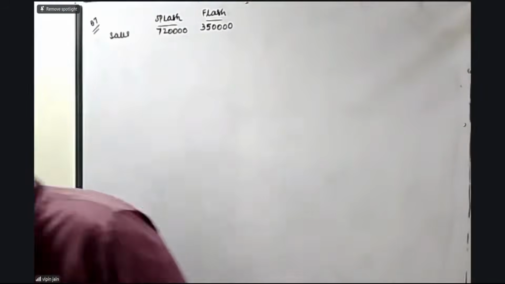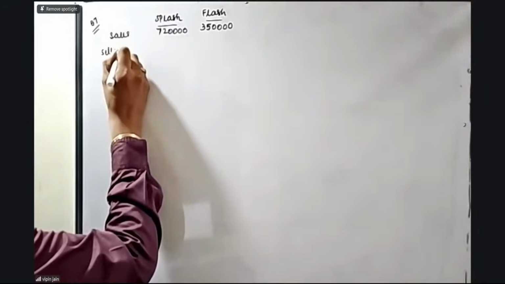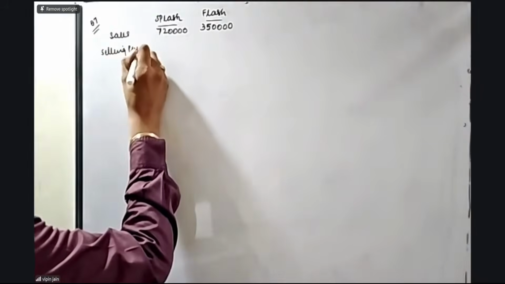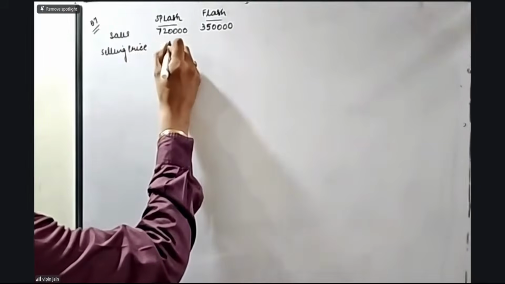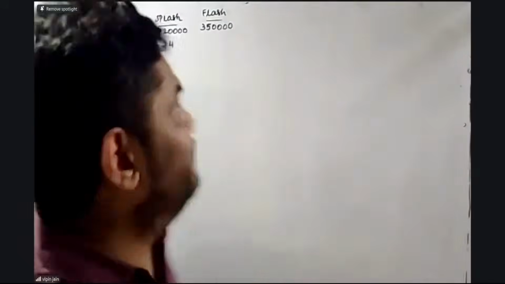To meet the competition, the selling price of Splash and Flash are reduced by 20% and 12.5%. So 20% and 12.5%. So this will be 3.5.